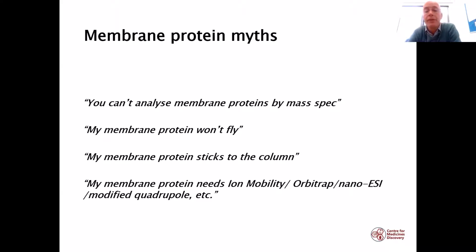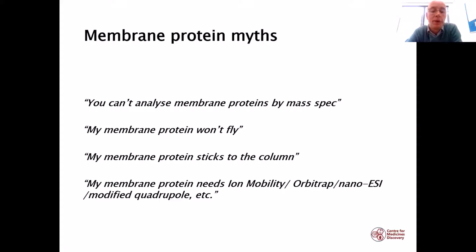So some myths. The first one is that you can't analyze membrane proteins by mass spec. That is patently untrue. We have been working on membrane proteins here at CMD for over a decade, and everything is accessible to mass spec. People will tell you the membrane protein won't fly. That's not correct. I will show you lots of spectra today where they do fly.